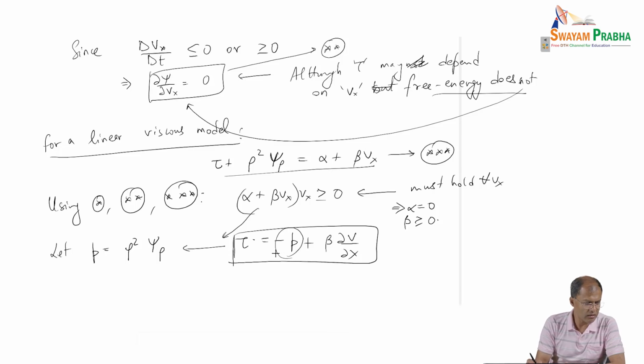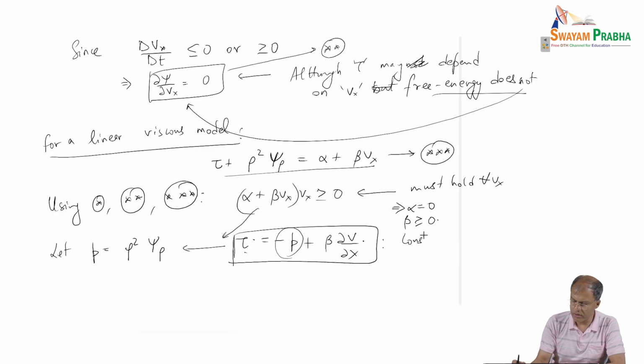So it turns out that the constitutive relation between tau and the strain rate has introduced a new variable, pressure, for which we also need to know the equation of state.